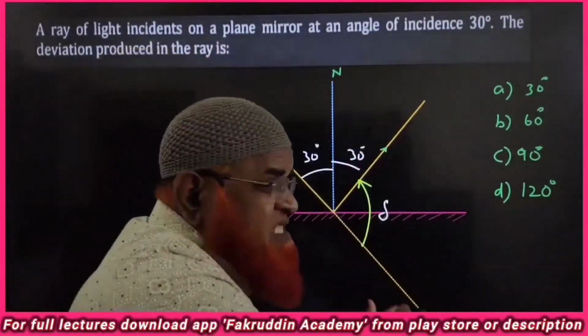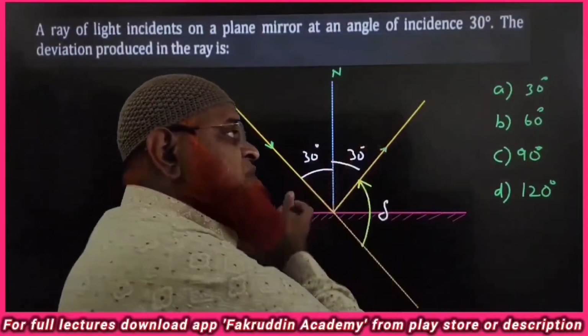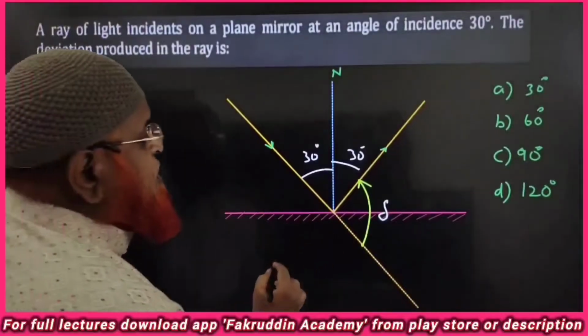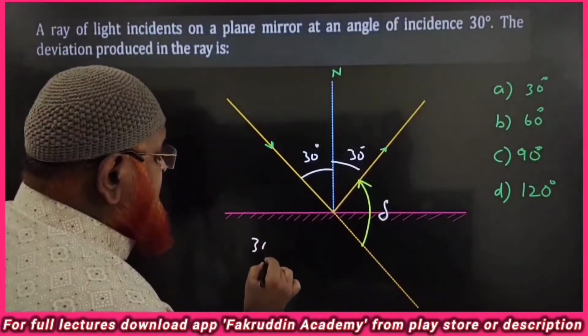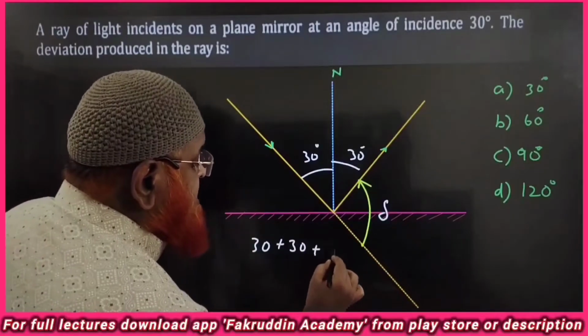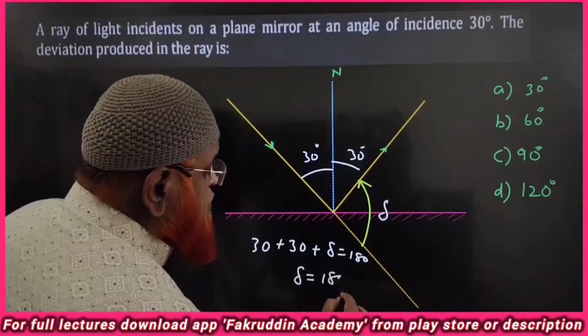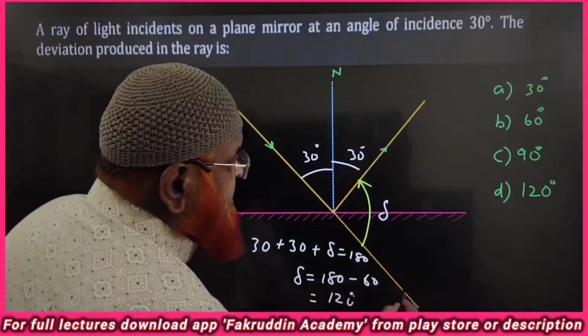So, how much is it deviated from the actual path? For that, you should know one thing here. 30 plus 30 plus deviation is equal to 180. So therefore deviation is 180 minus 60, which is nothing but 120 degrees.